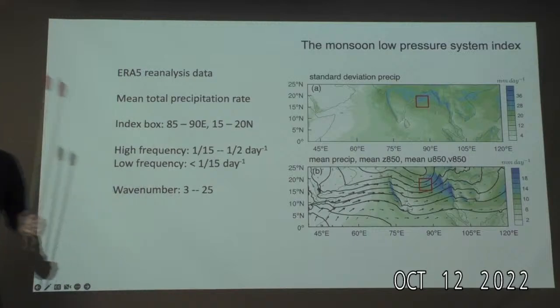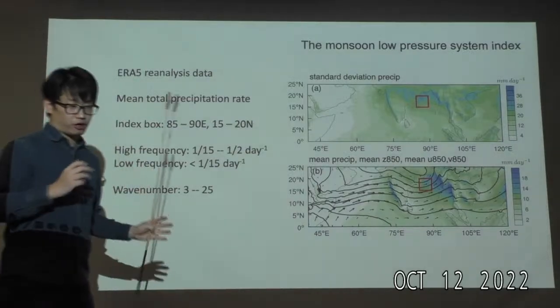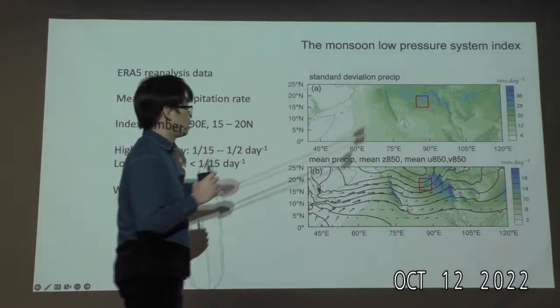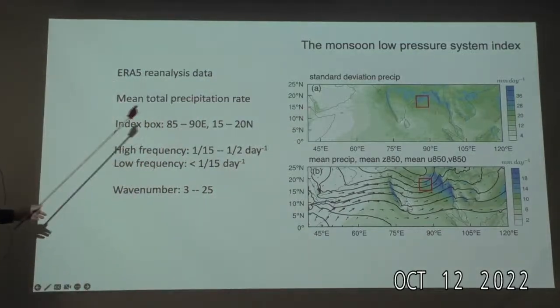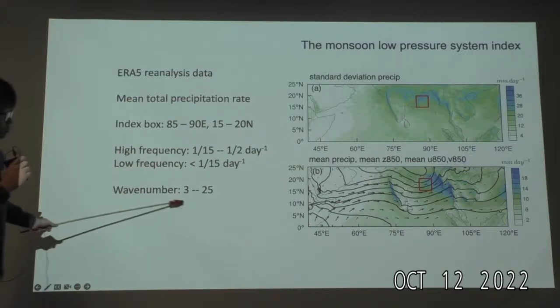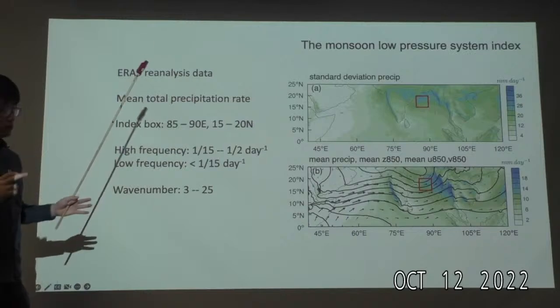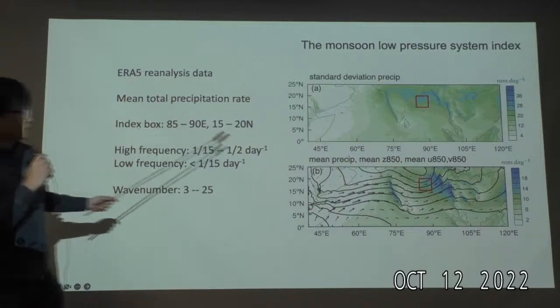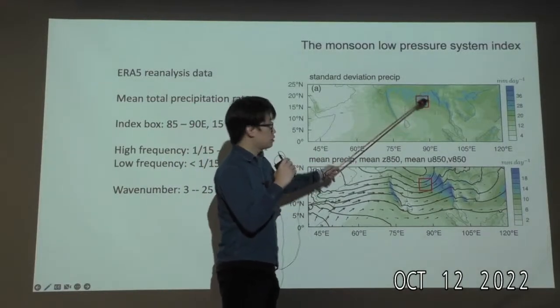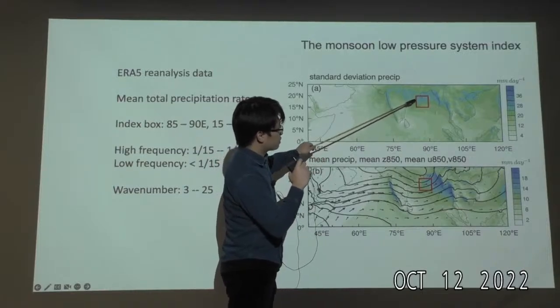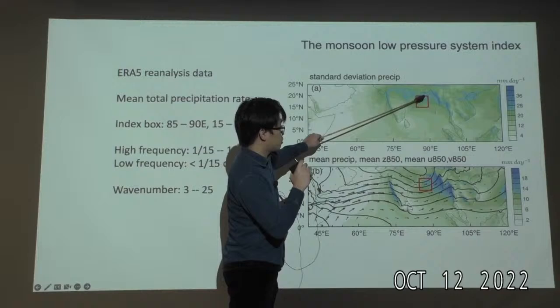In order to study this kind of system, we need an index to represent the variability of this system. So we use the precipitation data first. We filter the precipitation data in the frequency domain and wavenumber domain to get the filtered data, and then we do an areal average inside this red box, because this is a place that has high concentration of precipitation.